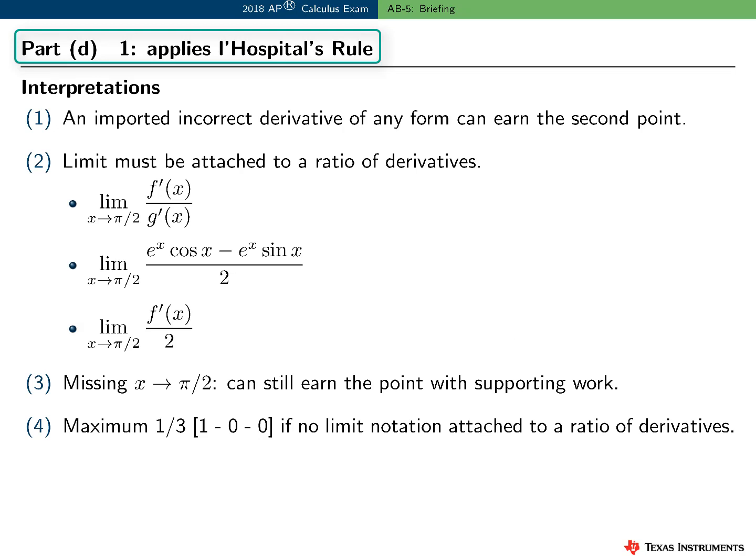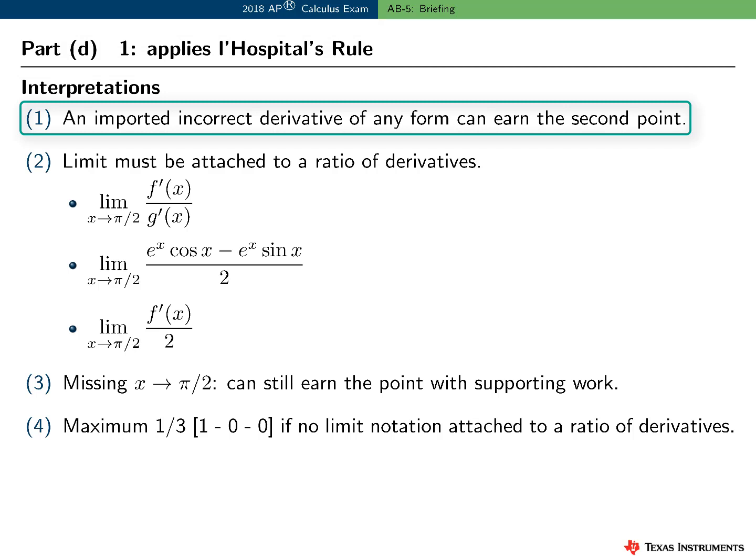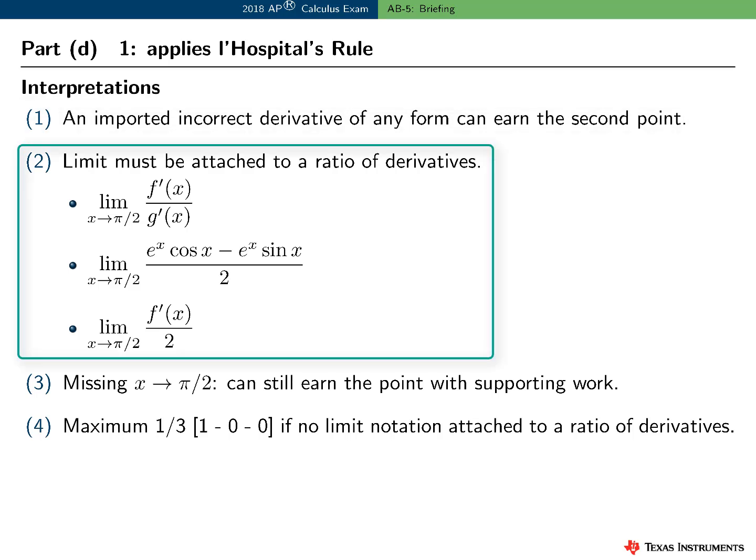The second point in Part D was for applying L'Hopital's rule. That is, for using correct notation to convey the proper mathematical process. And an imported incorrect derivative can be used here and still convey that you're applying L'Hopital's rule. But we really need to see a limit attached to a ratio of derivatives, and here are some examples.